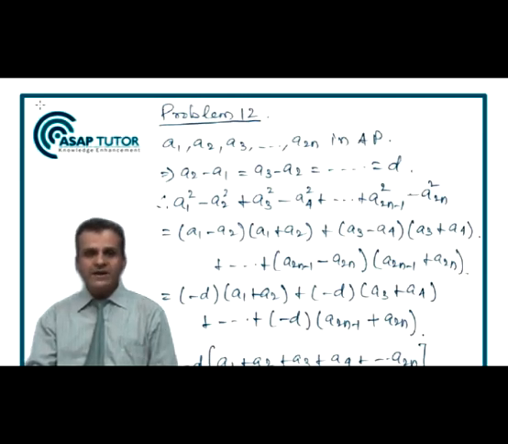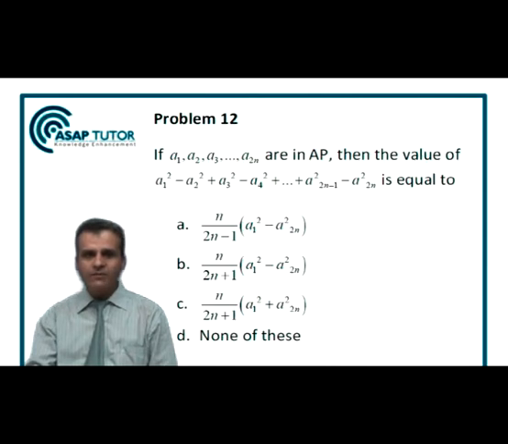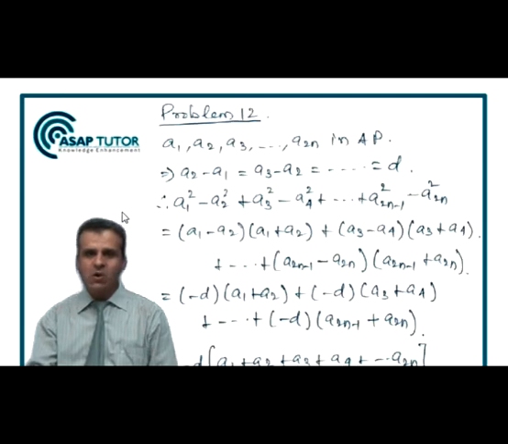Now we want to find the value of a1 square minus a2 square plus a3 square minus a4 square and so on. We'll combine these two together. A1 square minus a2 square we can write as a1 minus a2 multiplied with a1 plus a2.